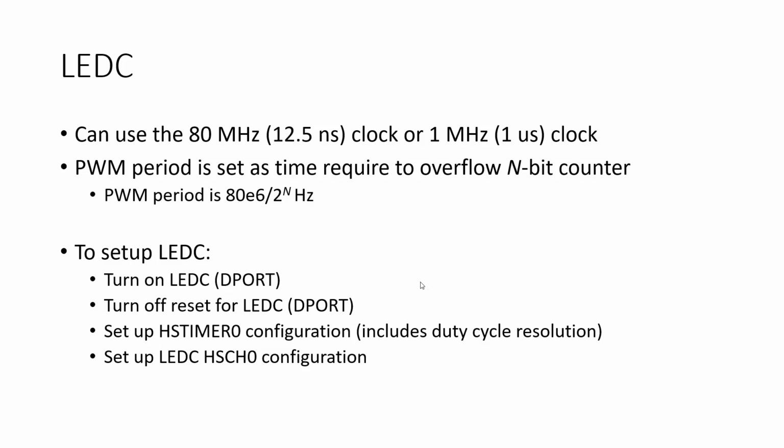It's because part of the LEDC are these high-speed timers. Don't get confused by the naming. The HS timer includes the duty cycle resolution that I was just referring to, that you should set to 8 bits. And then there's something called high-speed channel 0. Some of the settings are in there, so don't be confused if the registers don't actually have the word LEDC in them. You're still configuring that.